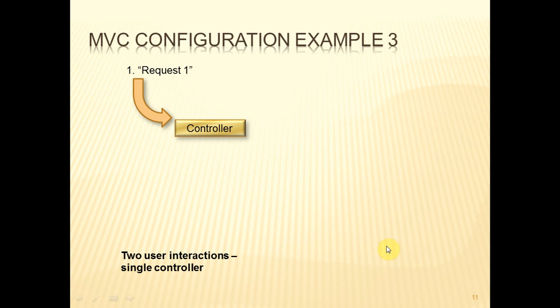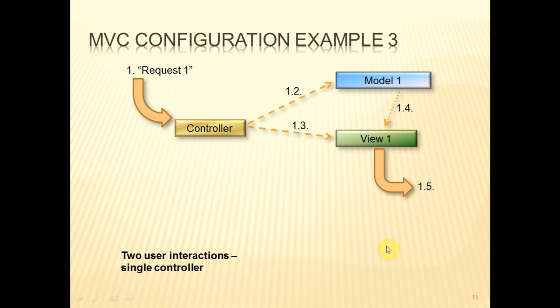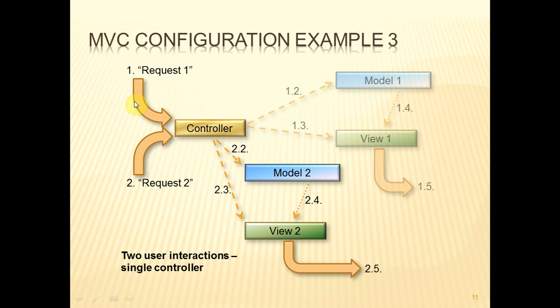Another example, request 1 comes in. The controller will activate the model and then the view that relates to that request. Then a different request comes in to the same controller, and this time, having distinguished that it's a request type 2, it will activate a different set of model components and view components.